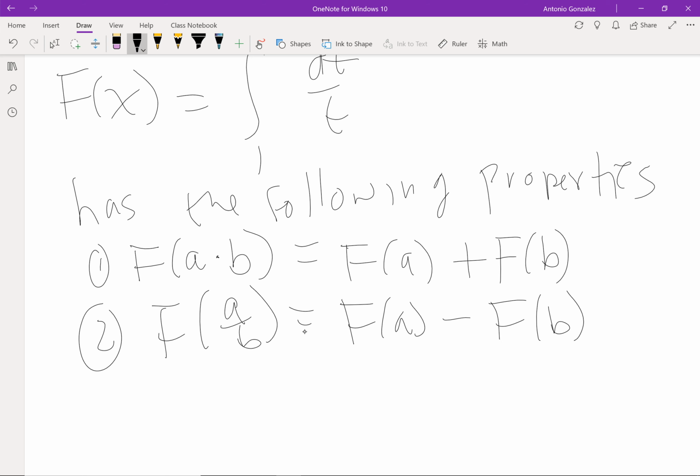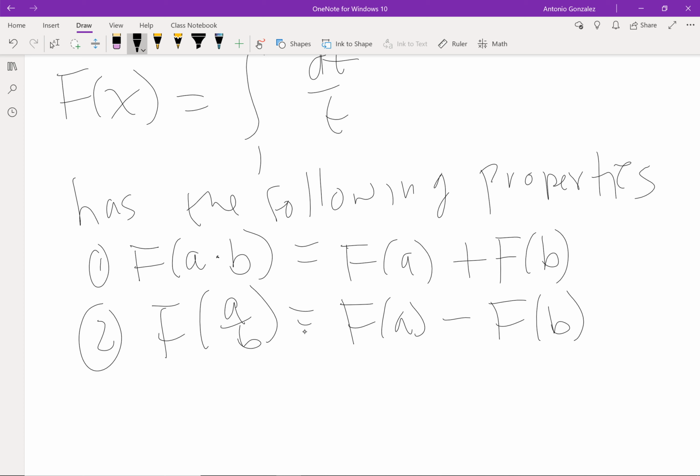So essentially what's happening here is it changes a multiplication into an addition and a division into a subtraction. In other words, theoretically simpler operations. And then we could start thinking, okay, I've seen functions that exhibit this behavior before. Those were the logarithmic functions.